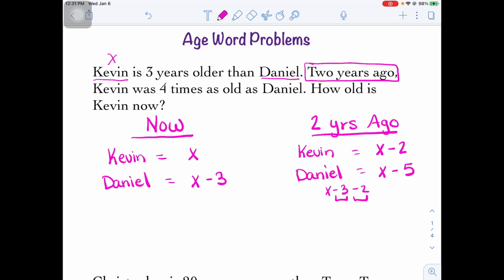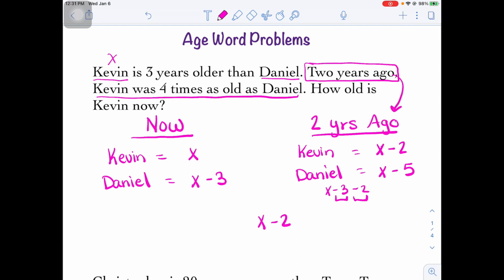Okay, so now we have some information to go further. It says 2 years ago, Kevin was 4 times as old as Daniel. So we've set up the expressions, but now we're going a little deeper. Kevin is X minus 2, because we're talking about 2 years ago.